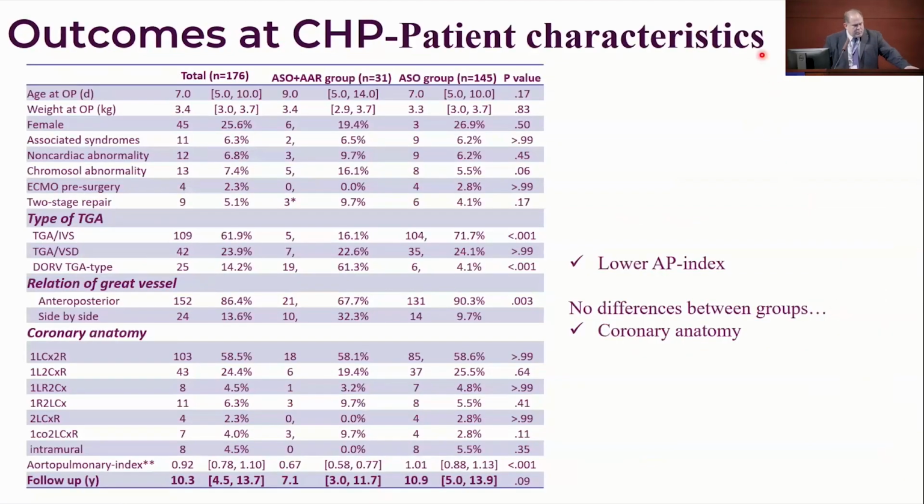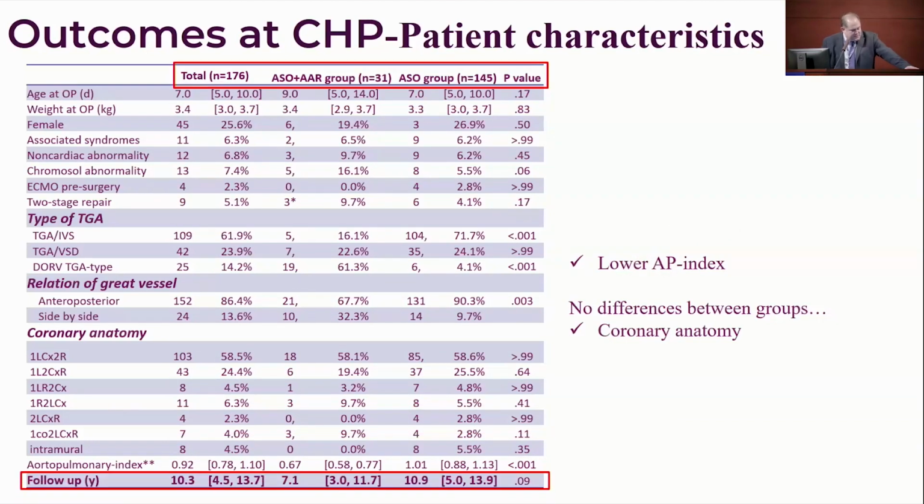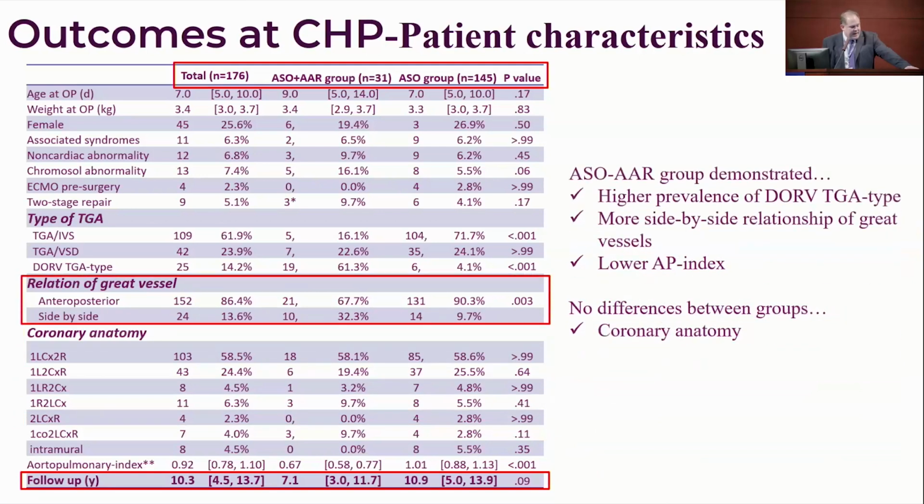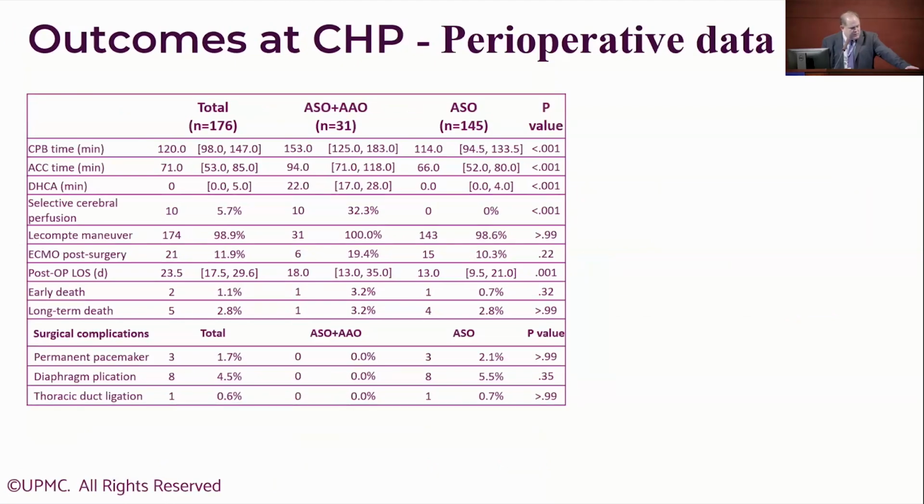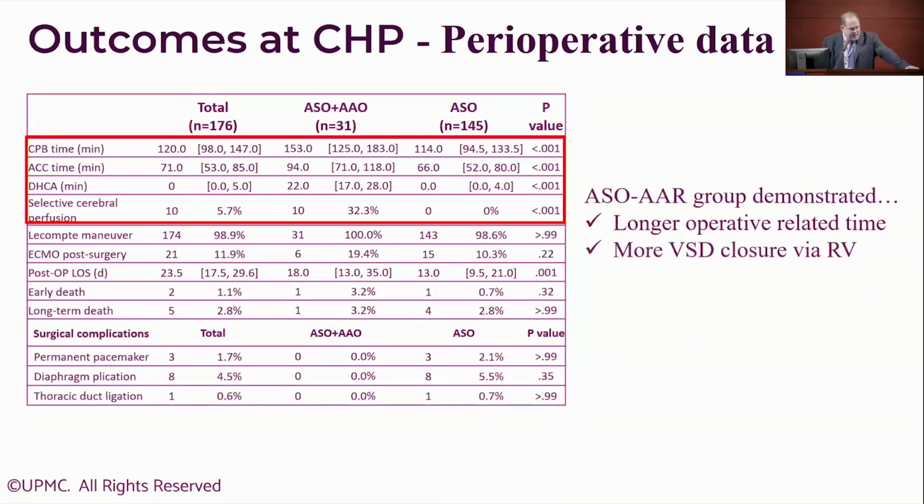And the reality is these patients have a lower AP index. There was no difference in the coronary anatomy. You can see the data here. And the patients who have a hypoplastic aortic arch were more of a double outlet right ventricle type in this population. You can see the numbers here in our patients.